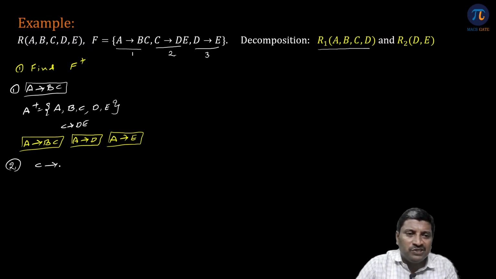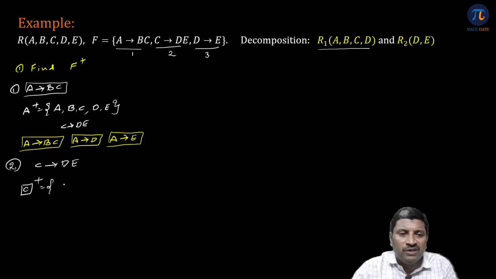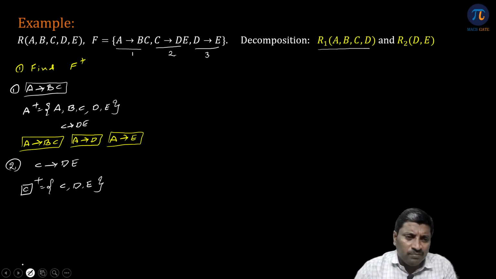So let us consider the second one, C implies D, E. Find the closure of C. What is the closure of C? With C, you can get C, D, E. Anything else possible? With D, you can get E, that we retain. That's it. So you can write only C implies D, E. What is the third one?